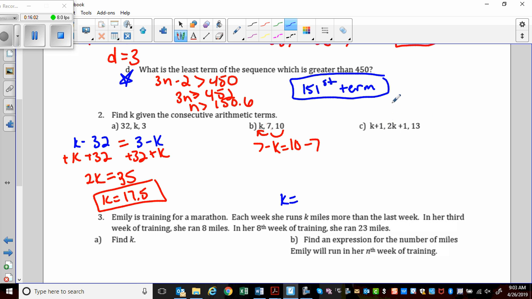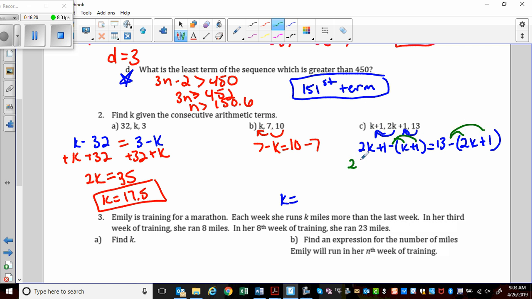Let's try this one. I'm still doing the same thing: the second one minus the first one. So 2k plus 1 minus parentheses k plus 1 has to equal 13 minus 2k plus 1. Just remember to distribute your minus signs.